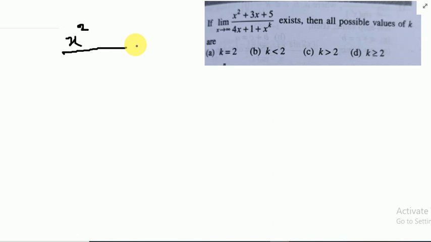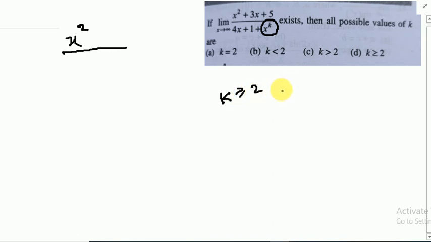If it is greater than 2, then also that limit will be 0, because the degree of the denominator will be greater than the degree of the numerator. Therefore, in place of this x raised to k, we can have 2 or greater than 2. Therefore, k must be greater than or equal to 2. Is it clear?